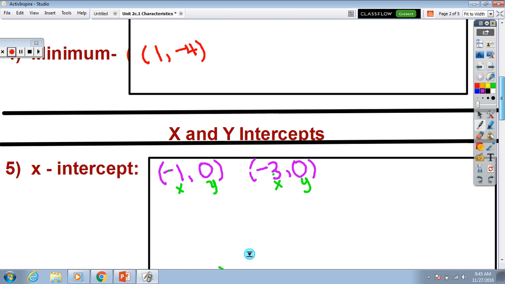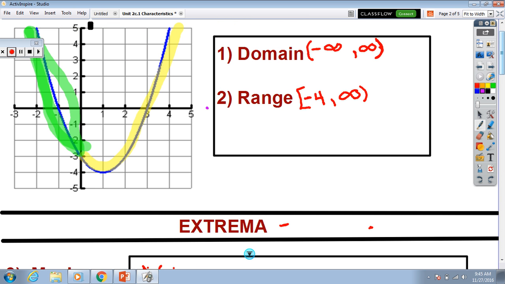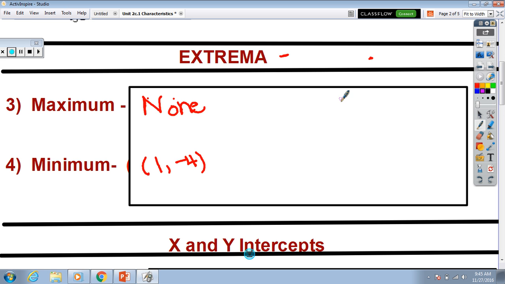Alright, so let's recap. Domain, x values. Range, y values. Extrema, the highest point, is the maximum.